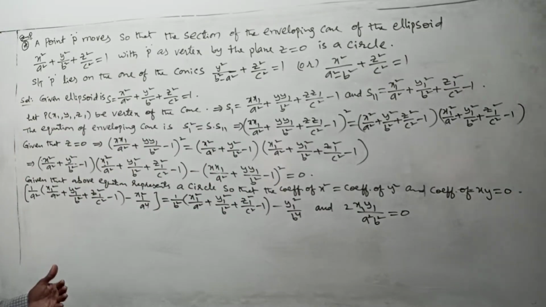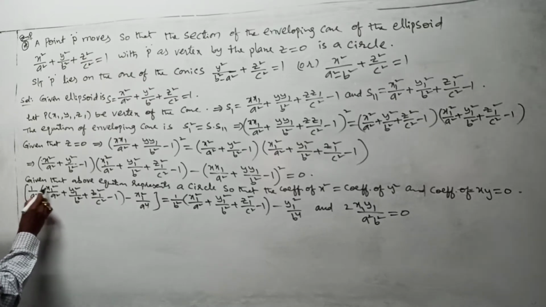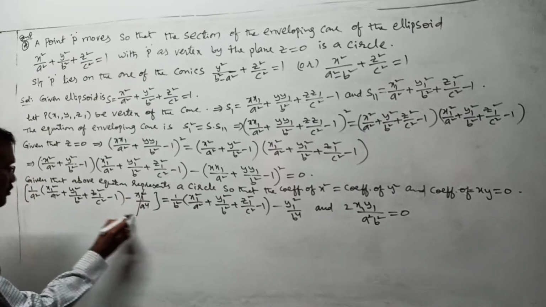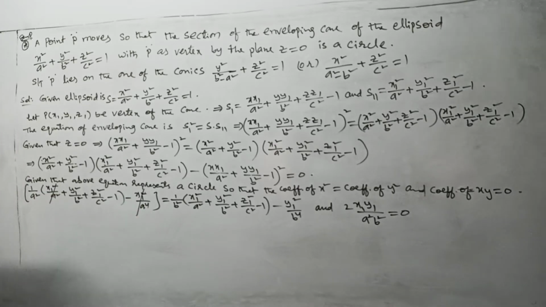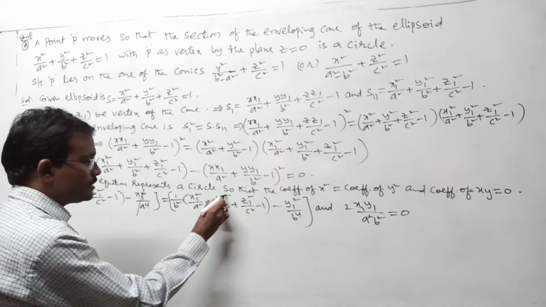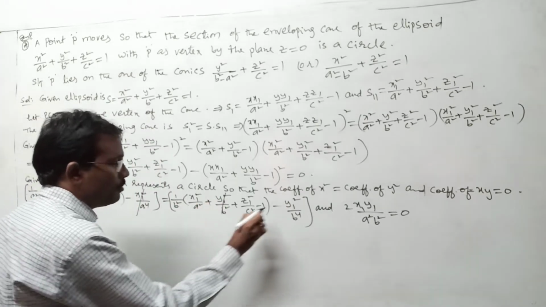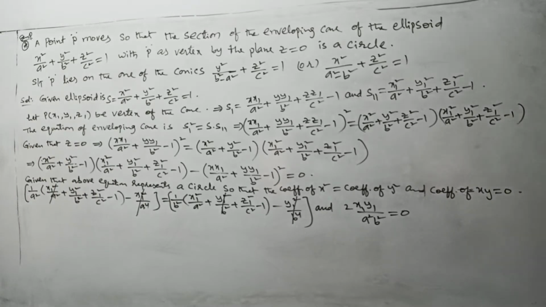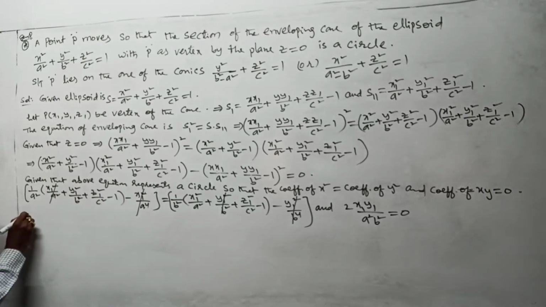Next, if any term can cancel, cancel it. I think x1 square by a power 4 minus x1 square by a power 4 gets cancelled, these two terms. Here also y1 square by b power 4 minus y1 square by b power 4 gets cancelled. Right? Next, I am just doing simplification.